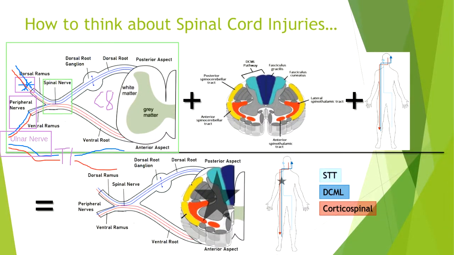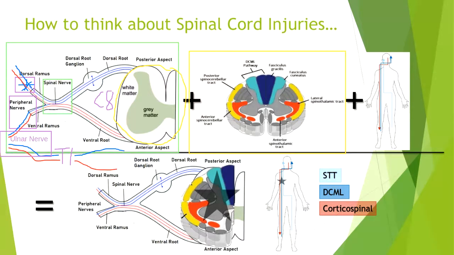So if we're now looking, I'm going to use yellow, and we're now looking at the spinal cord. So we're now in the central nervous system, and essentially what we're doing with these two images, I'll just highlight that for you, is we're looking at a cross section or a horizontal slice through the spinal cord itself.